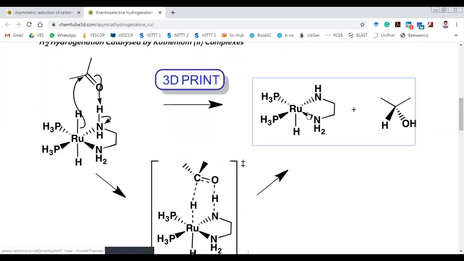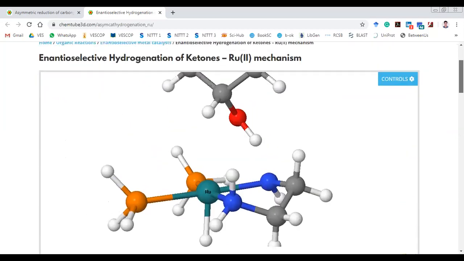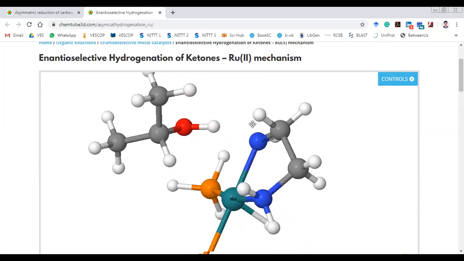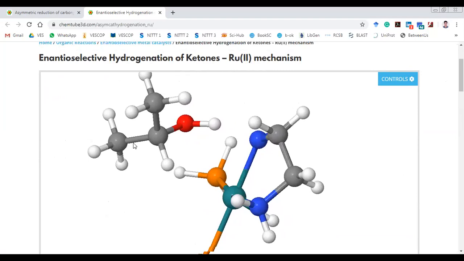This would result in the catalyst being regenerated. In this case it is not a chiral compound, but if it were an asymmetric ketone, and when I say asymmetric ketone, it is with respect to the plane of symmetry, not as an asymmetric carbon or chiral carbon in this case.